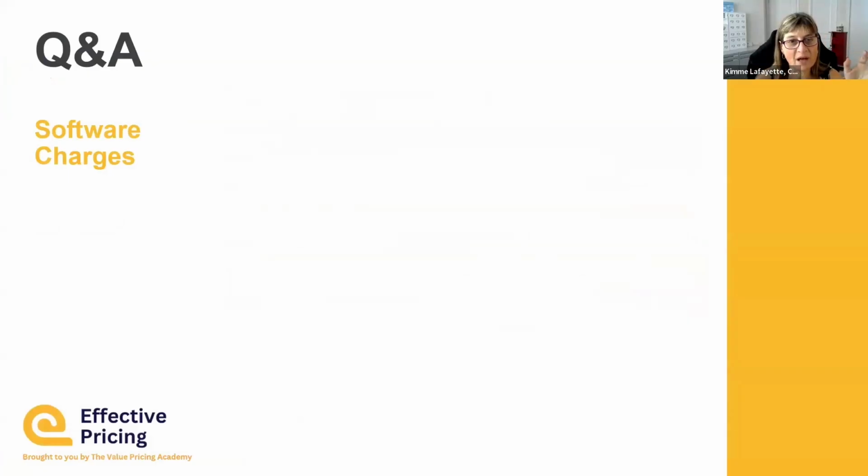This was a Q&A about software charges, and this ties in to what Teresa does as well. It's a big question we get about what do you do when a vendor that's out of our control, like Intuit or Dext, increases their prices throughout the year.